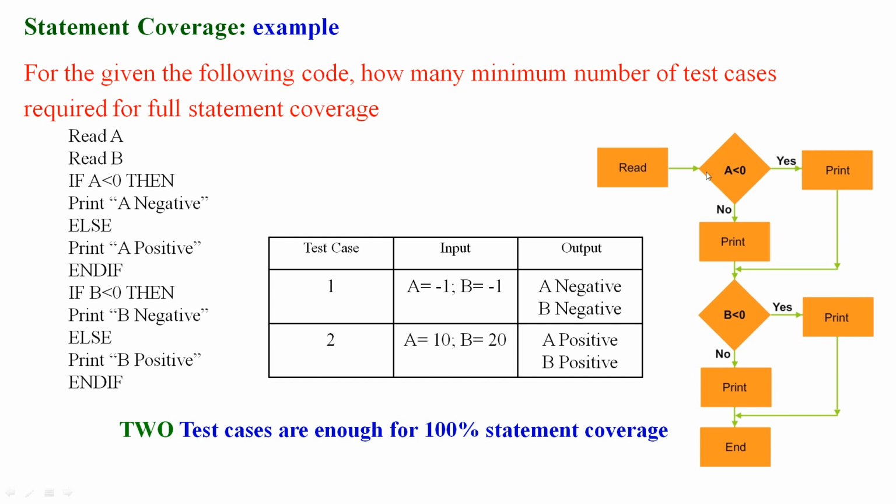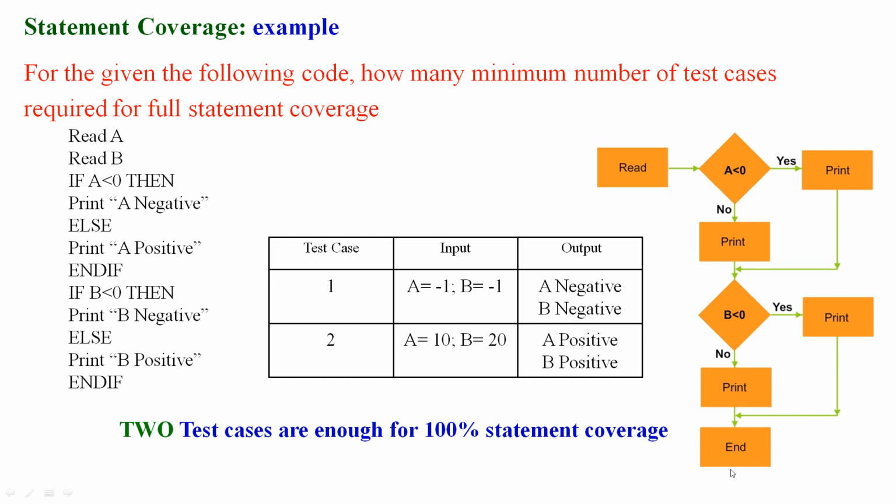If it is false, print A is positive. Then if B is less than 0, if this condition is true, print B is negative, else B is positive, end.